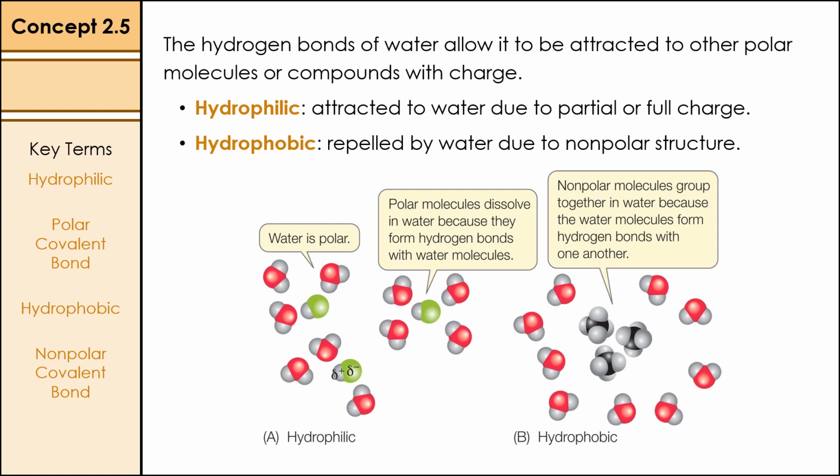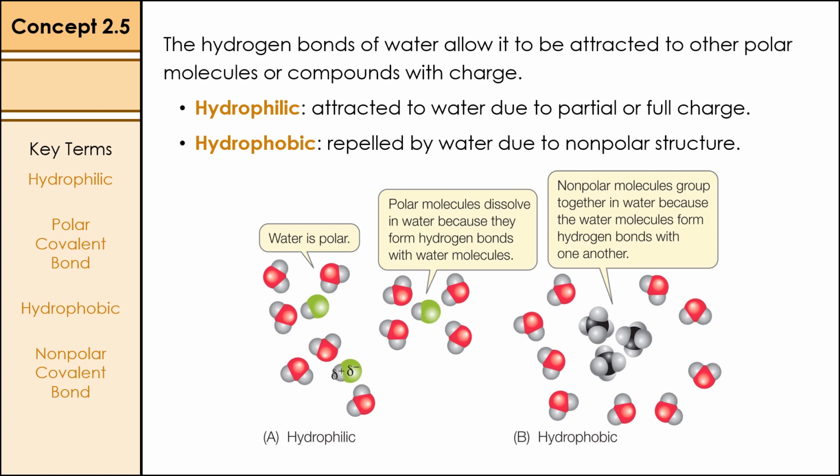So if we are hydrophilic, breaking down that word, hydro referring to water, philic coming from the Greek philia, or to love. So these are molecules that are attracted to water, either because they are partially or fully charged, so our polar molecules and ionic compounds, these are attracted to our water because of their charge.